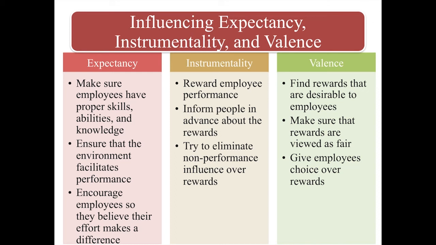You want to inform people in advance about rewards, and you want to eliminate non-performance influence over rewards, such as politics. In terms of valence, find rewards that are desirable to employees. Make sure that rewards are viewed as fair, and give employees choice over rewards. Although again, research shows about choice that too much choice doesn't lead to more satisfaction.